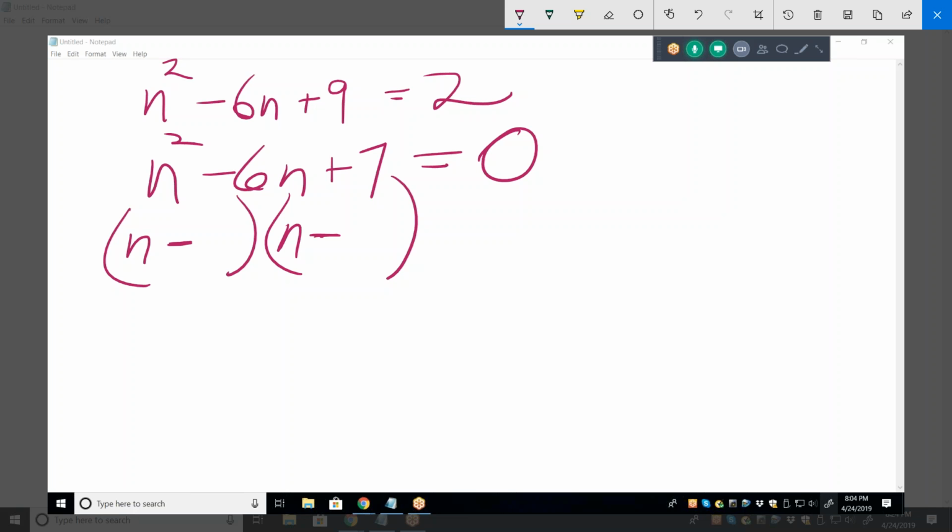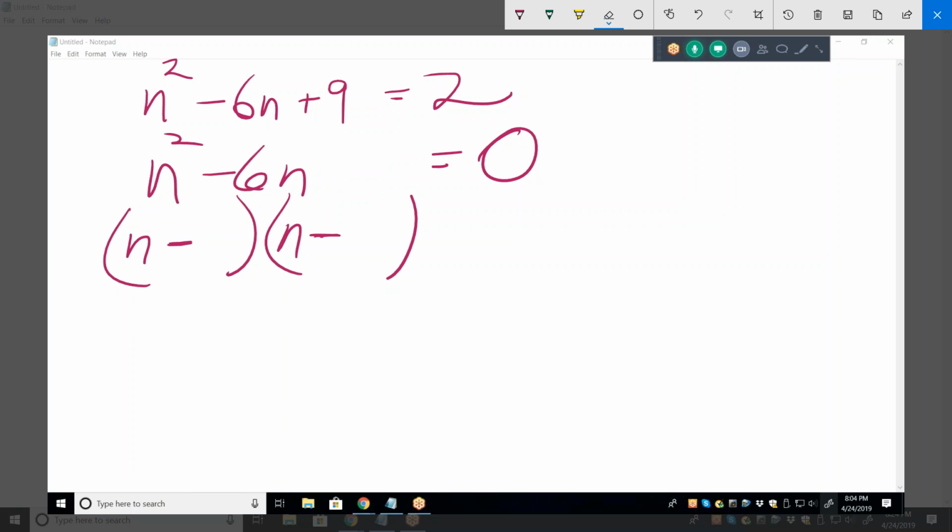Now, are there factors of 7 that add to the number 6? No, there are not. 7 and 1 subtract to the number 6, but because this is a plus sign, I need it to add to the number 6. Which means I can't factor this the way it is.